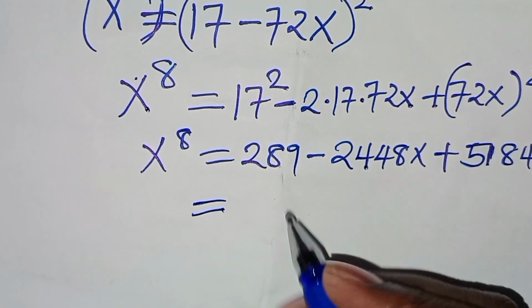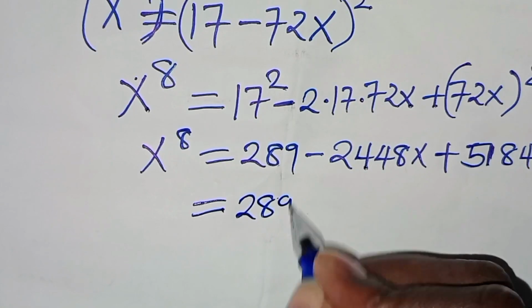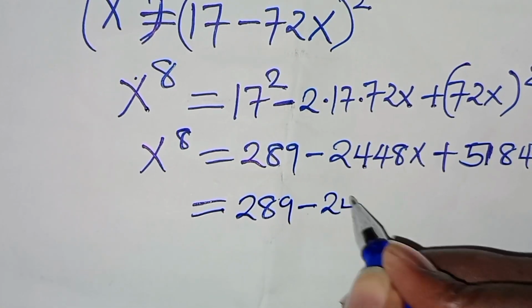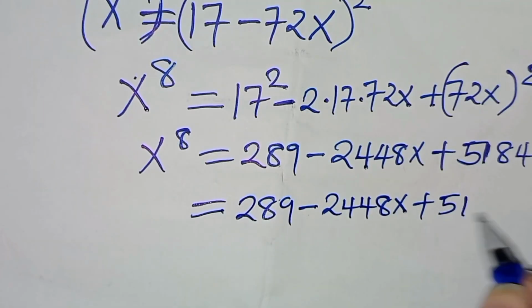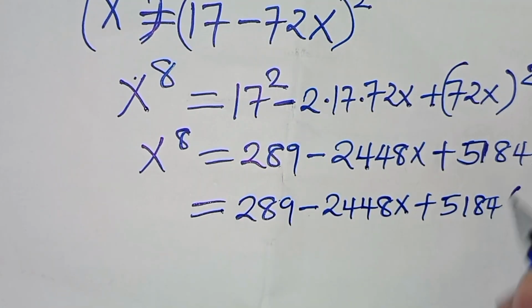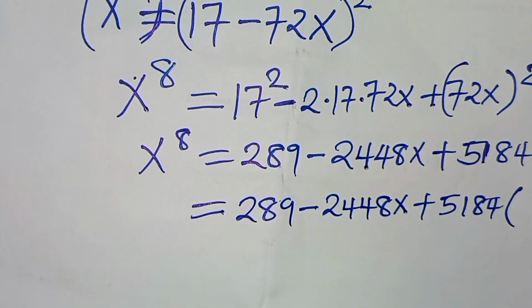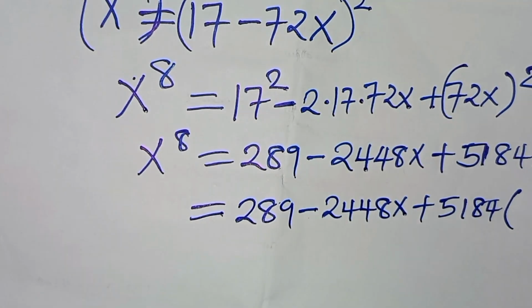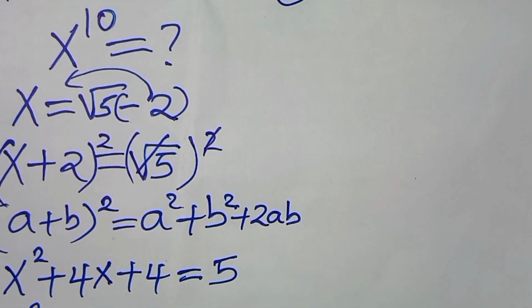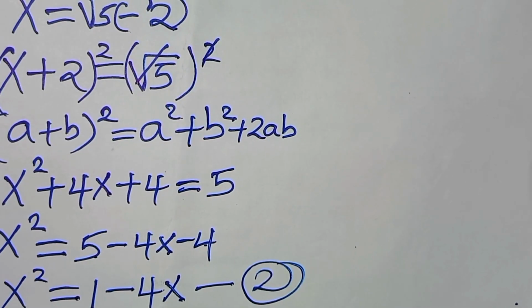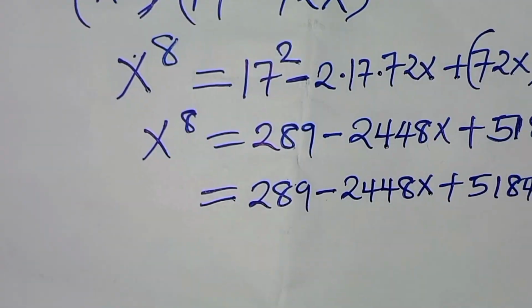So here we'll have 289 subtract 2448x plus 5184 multiplied by x squared. X squared is what we have in equation 2, which is actually 1 minus 4x. So let's substitute this.